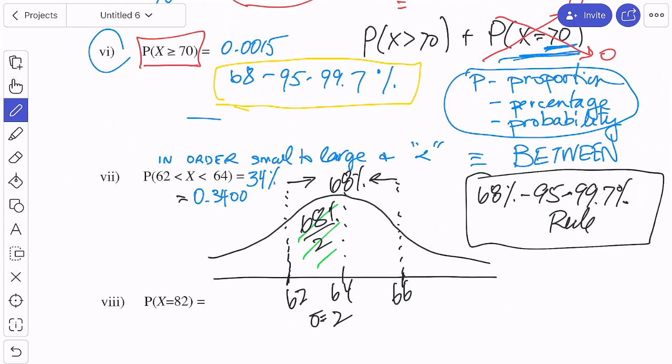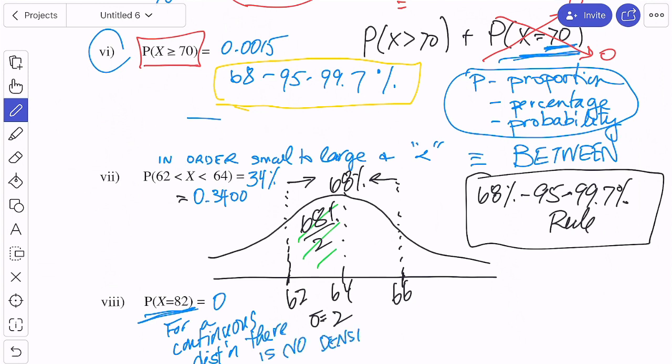The last one, as I just said, will always be 0. There's no density at a point. So whenever it's equal for a continuous distribution, I'll just say at a single value.